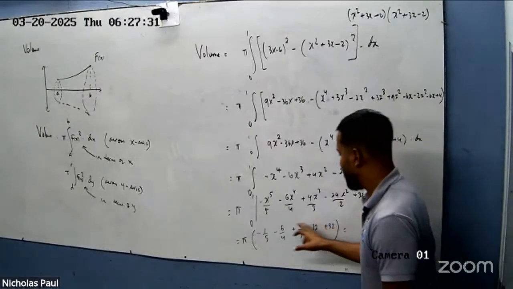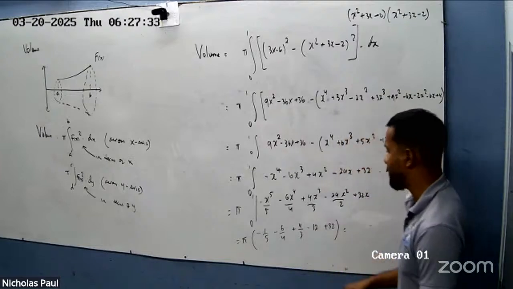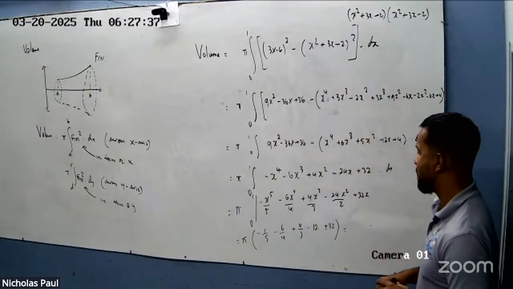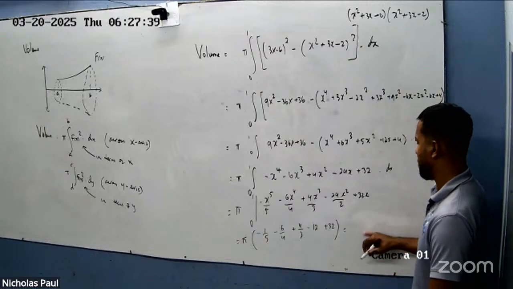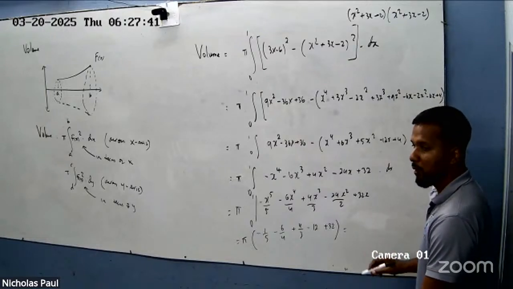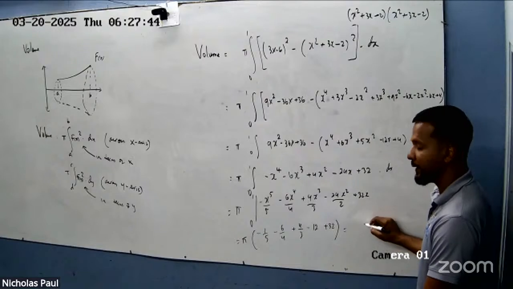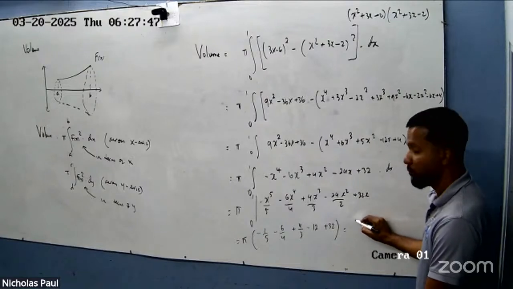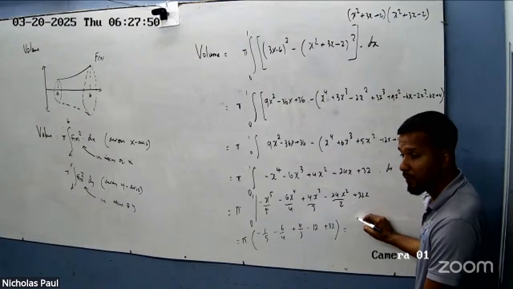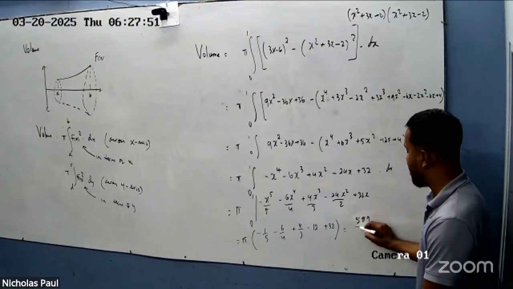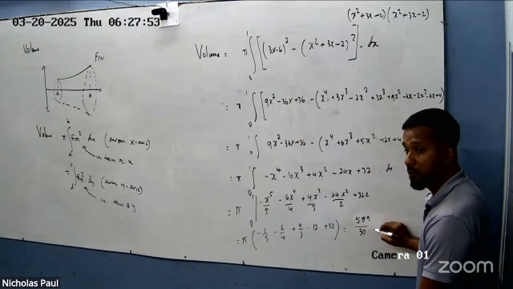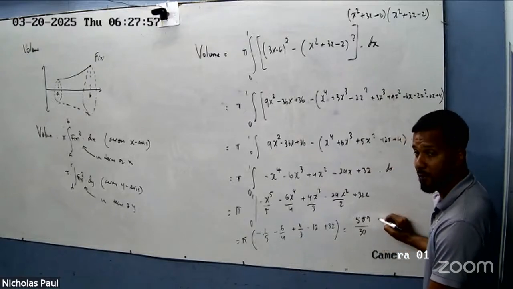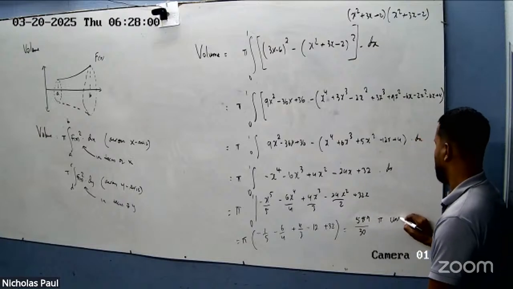Let's work out this. Down there we go. How much do we end up with here? 580. 589 over 30.